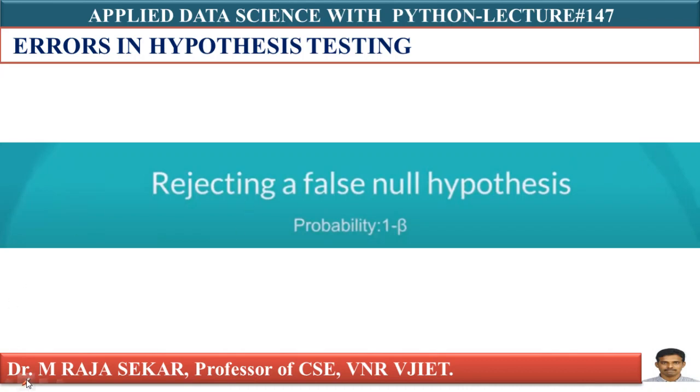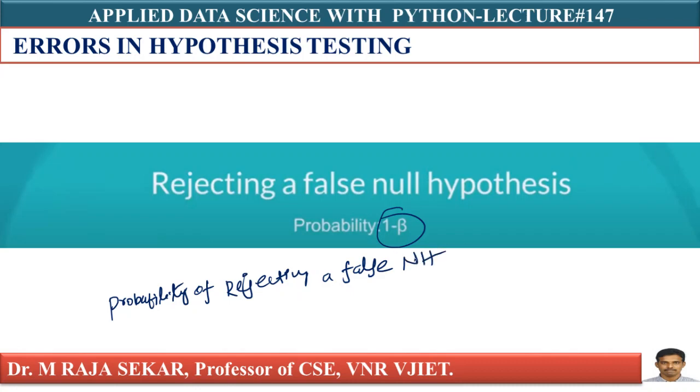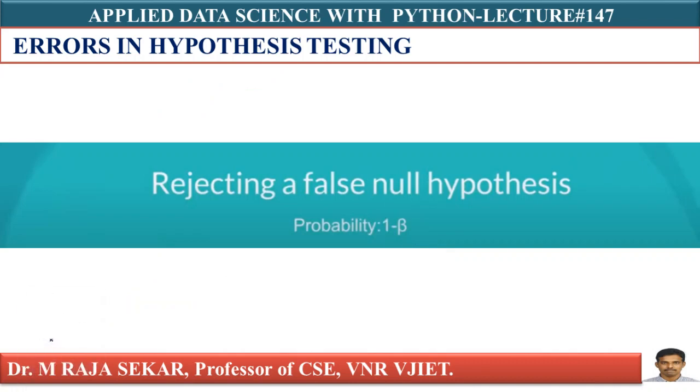We know what beta is: beta is the probability of accepting a false null hypothesis, that is type 2 error. So 1 minus type 2 error means the probability of rejecting a false null hypothesis.